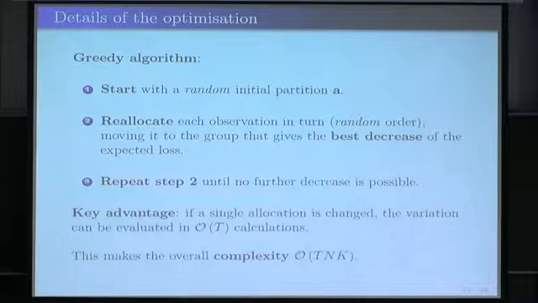And we repeat that over and over again. And it turns out that because of the nice property of the VI loss, if we split a cluster into two, we only need to worry about the change in loss for those two clusters that are affected. And the overall complexity of the algorithm turns out to be T, the posterior sample size, N, the number of observations, and K, the number of groups.